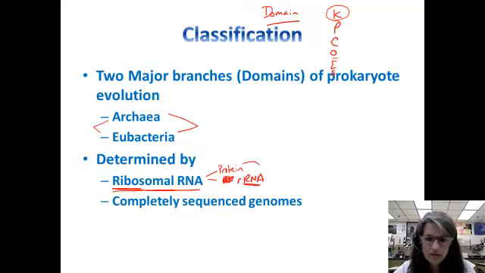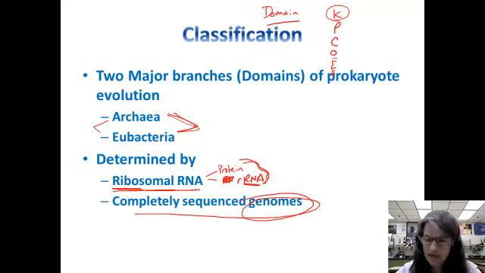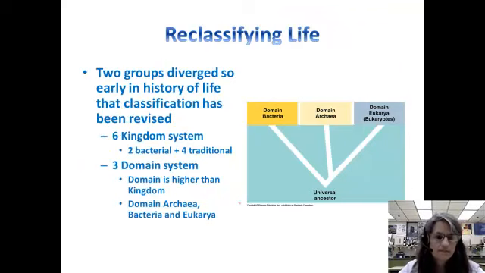And ribosomes are globs of protein and RNA. By studying the nature of the ribosomes, they have found that these organisms are fundamentally very separate from each other, and also by looking simply at their genes, at their genomes, at their DNA. Okay? So the classification was revised.